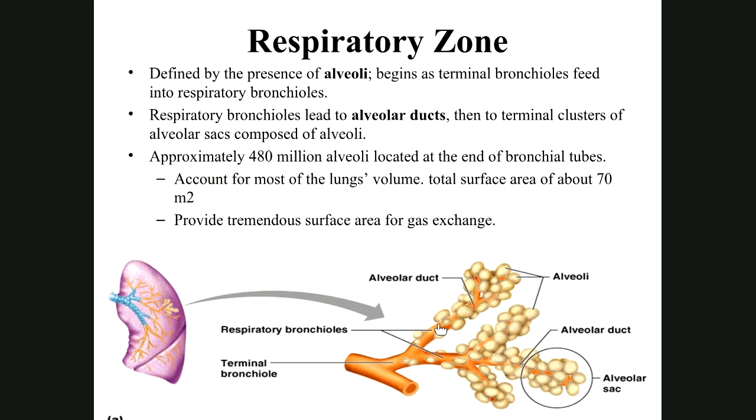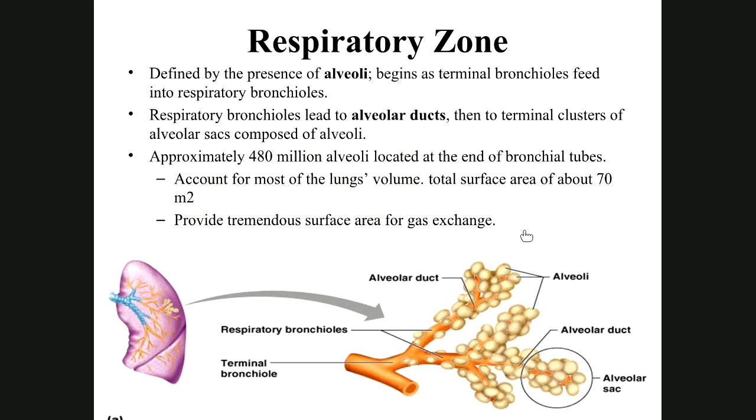The last part of this is called the alveoli. The respiratory zone contains the alveoli. So what are they? They are the terminal bronchioles, the last end of the bronchioles.